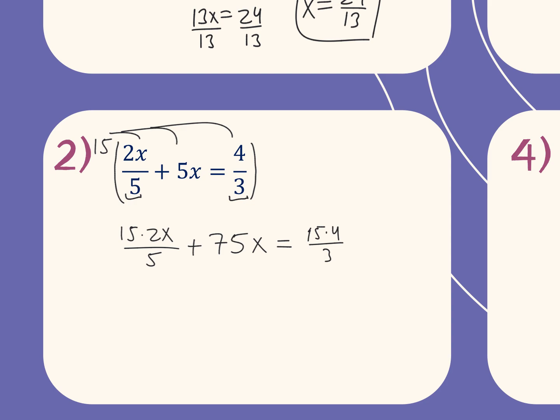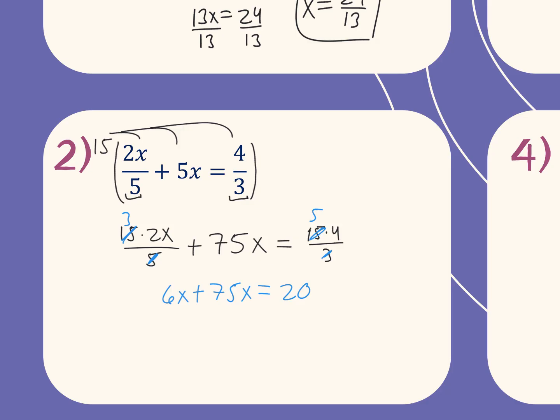What happens here is our 15 and our 5 become a 3, and our 15 and our 3 become a 5. I'm left with 3 times 2x, which is 6x, plus 75x equals 5 times 4, which is 20.